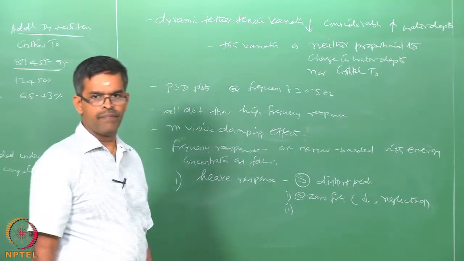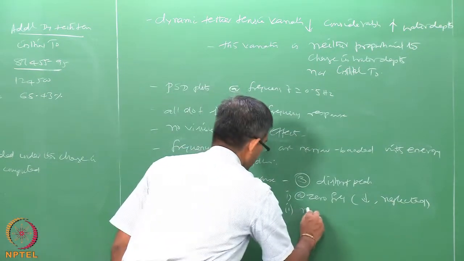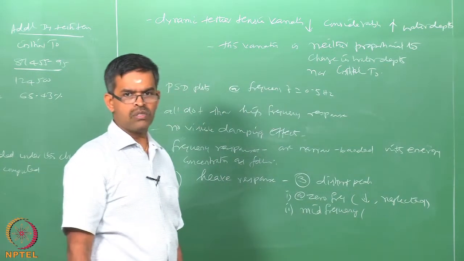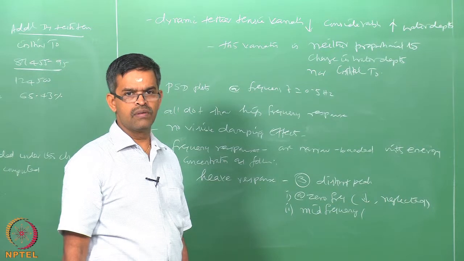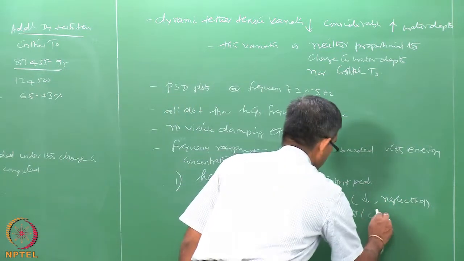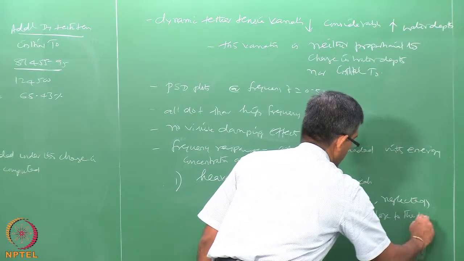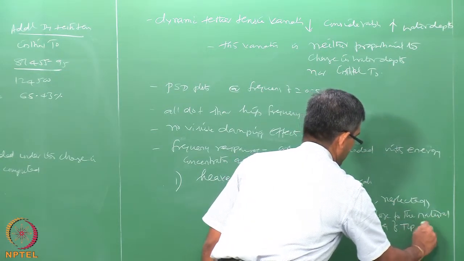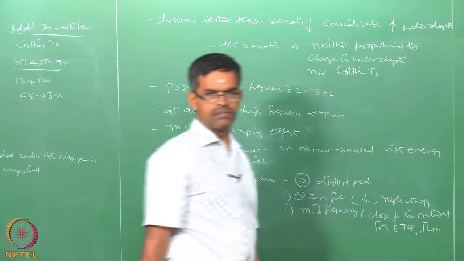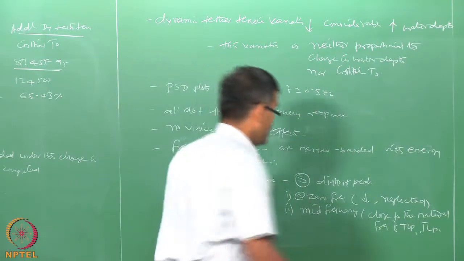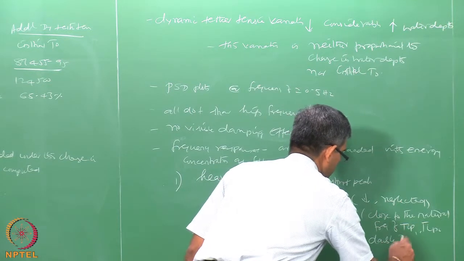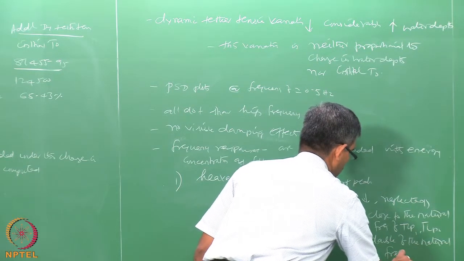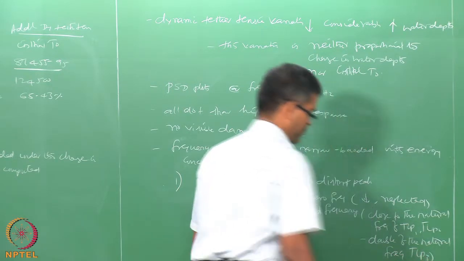The other is at mid frequency, which is very close to the natural frequency of, let us say, TLP1 and TLP2 at least, and it is double of the frequency of the natural frequency for TLP3.